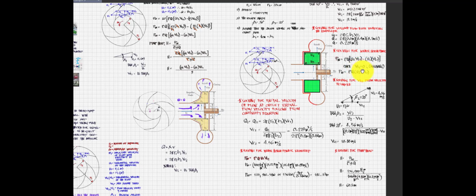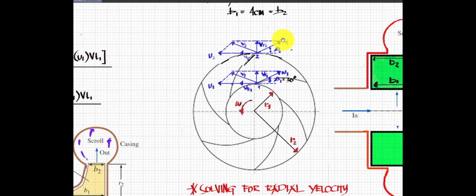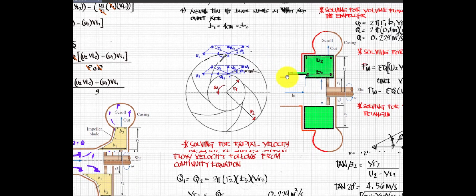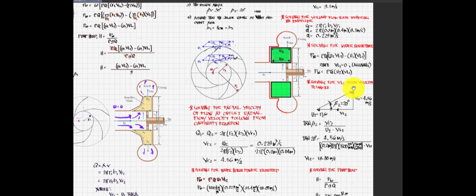What we don't have is this one, tangential velocity of the fluid flow. Now, from the velocity triangle, from this one, your outlet, no? Okay, mapapansin nyo dyan, we have the tangential velocity of the fluid flow, going this side, no? By means of the velocity triangle, here we have your outlet, which is given also yung angle of the blade, which is 20 degrees for the discharge side or at point 2.